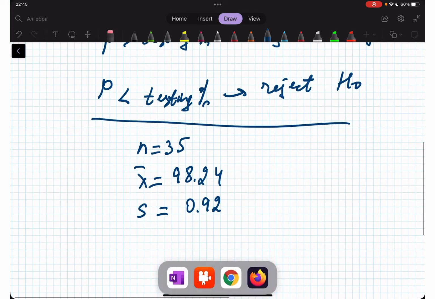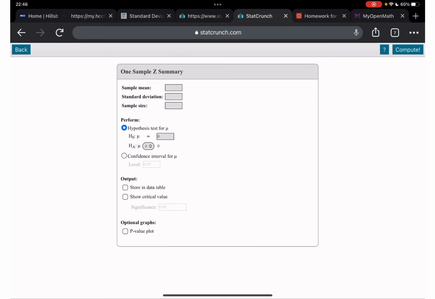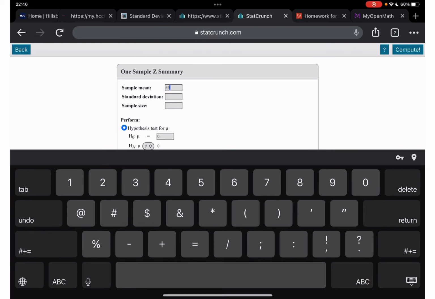Okay, moving to our Statcrunch. So 35, I'm choosing Z stat, and instead of data I'm using summary because we are not given raw data, we are given summary. See, X bar and S, that's a summary. Once I choose summary, then the Statcrunch will not try to pick up the data that I left there.